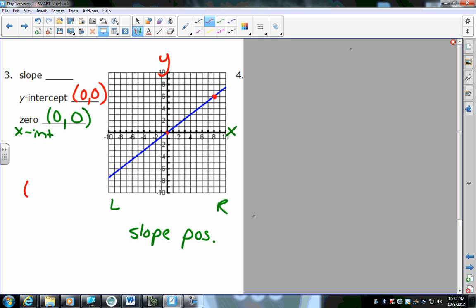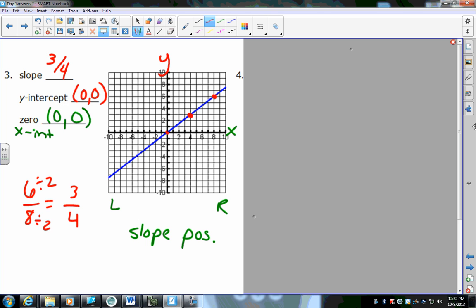If I reduce that fraction, dividing each number by 2, that gives me 3 over 4. So let's see if that works. What if I went up 1, 2, 3 and over 1, 2, 3, 4? Sure does. So my slope is 3/4.